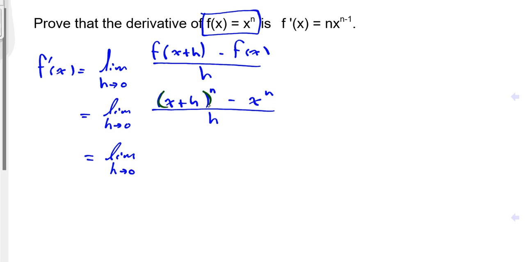So this whole thing to the exponent n, binomial theorem tells me I will start with n choose 0, x to the exponent n, plus n choose 1, x to the exponent n minus 1.